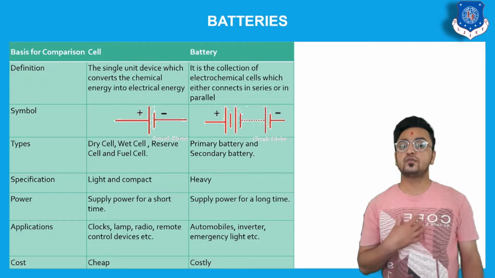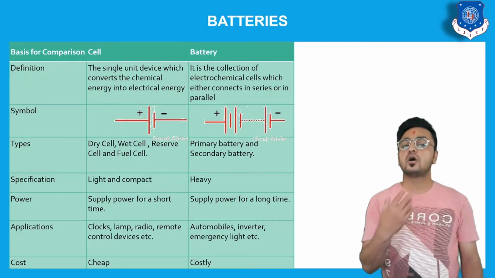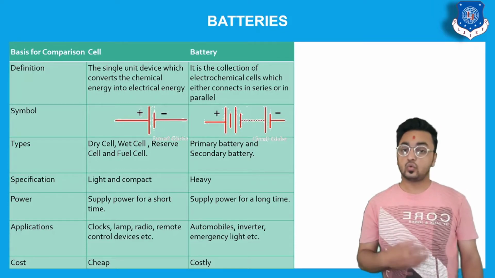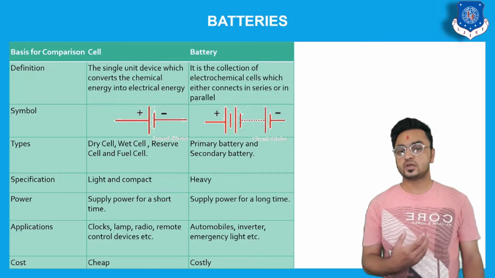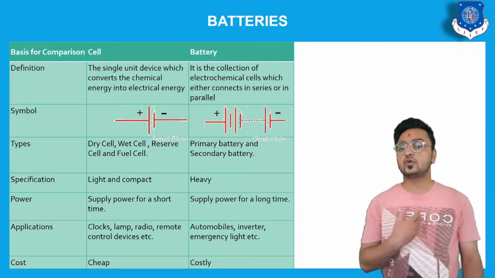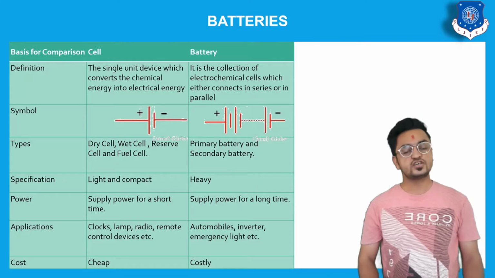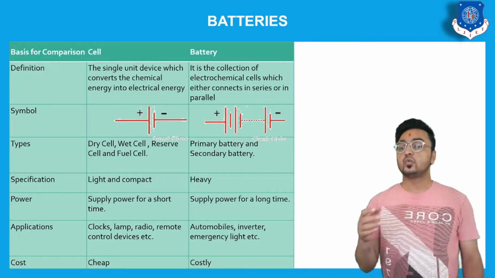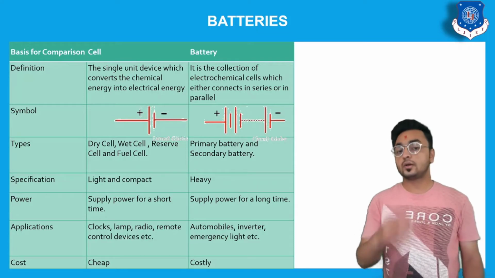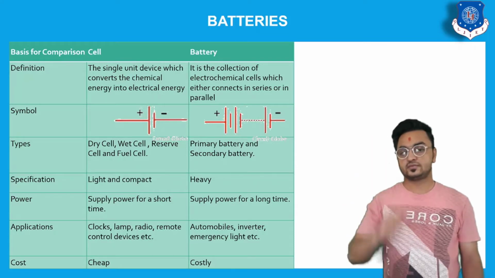But if we want to increase the output, the voltage or current, what we can do is connect the cells in a series connection to increase the voltage, and connect these cells in a parallel connection to provide the higher current.